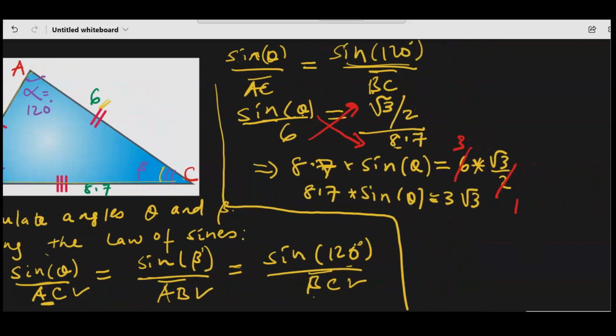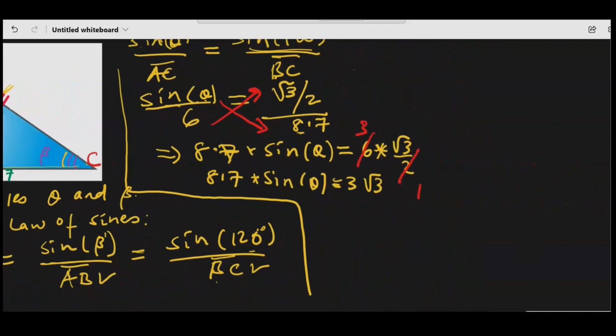Let's move this a little bit to the side. Dividing both sides by 8.7, we will have 8.7 divided by 8.7 as well.